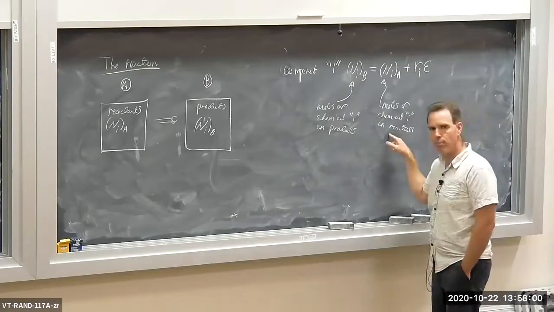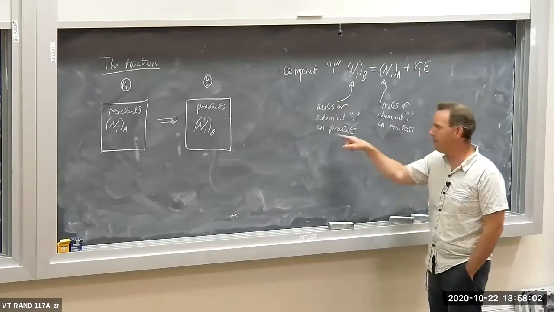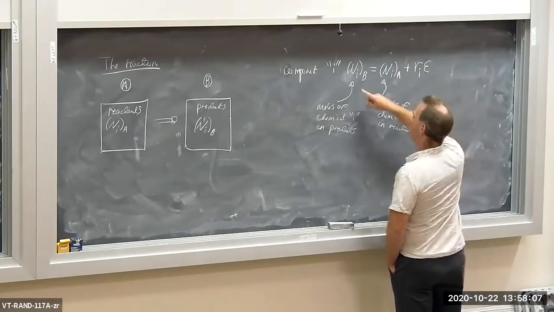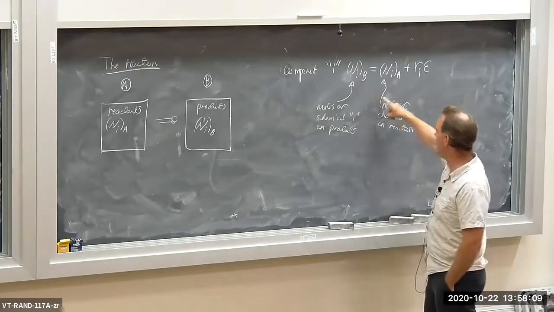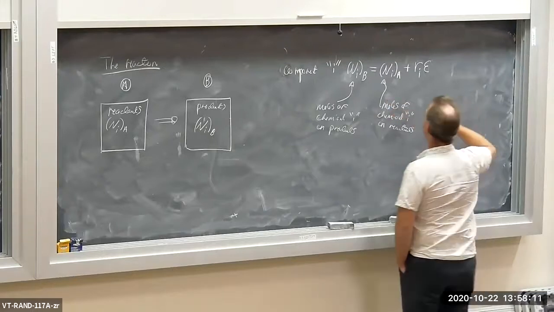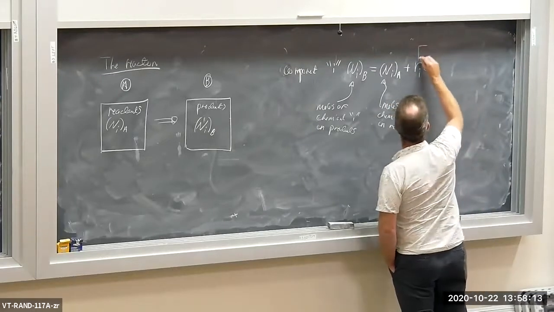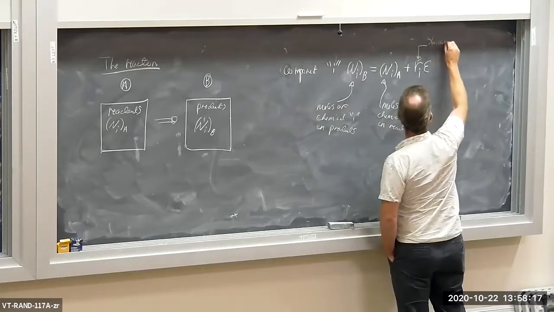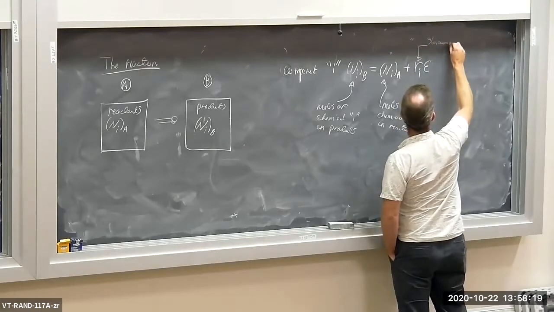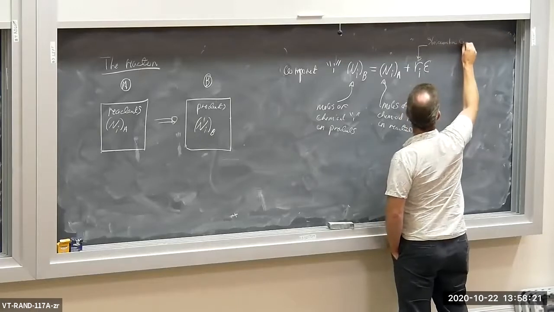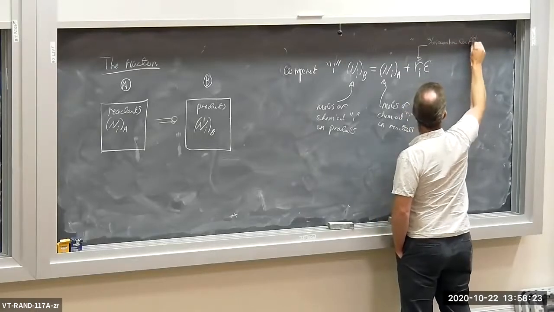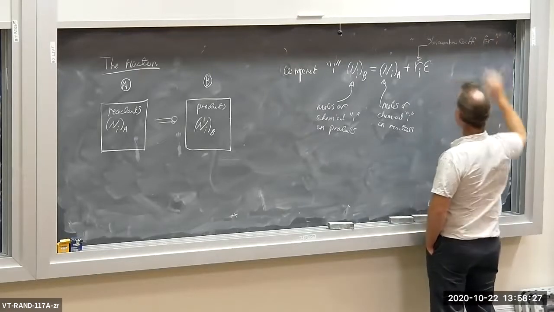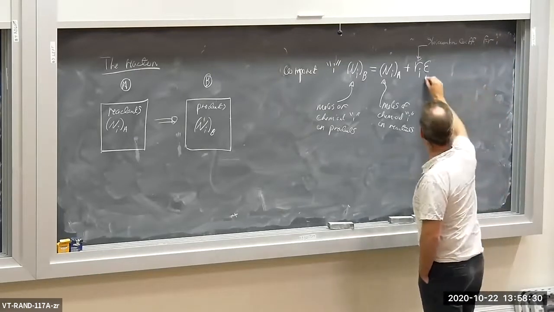So the final number of moles of chemical i is equal to the initial number of moles plus the stoichiometric coefficient for chemical i times the reaction coordinate.